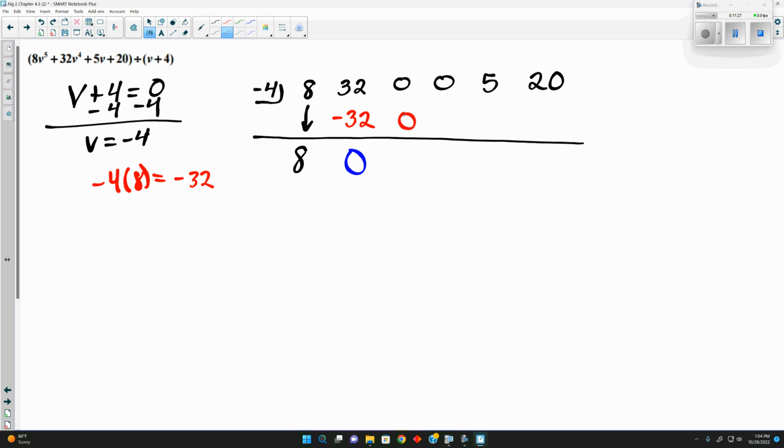I feel like we know that one pretty well. Now the next one, 0 plus 0 is 0, then we do -4 times 0. 0 plus 0. -4 times 0. 5 plus 0 is 5, our next one is -4 times 5 is -20, so we'll put that in there. And -20 plus 20 is 0.